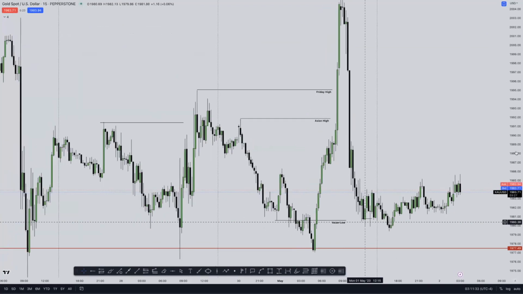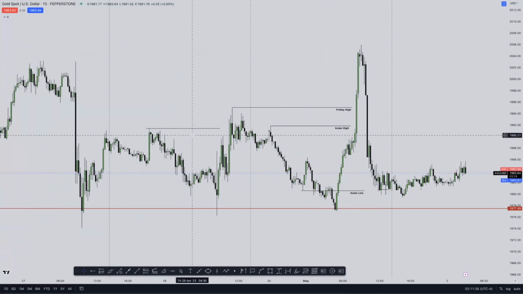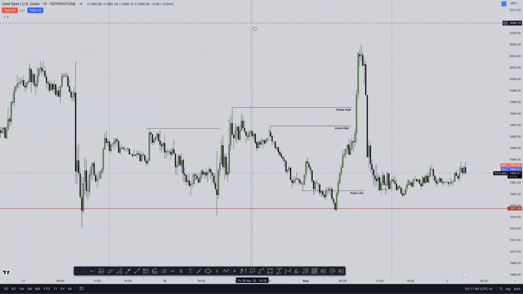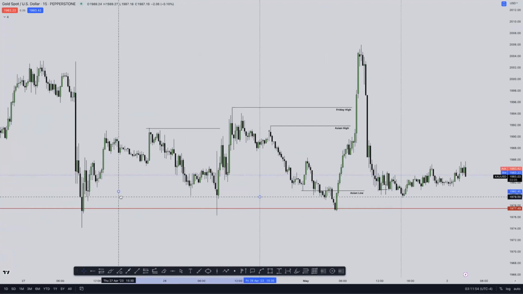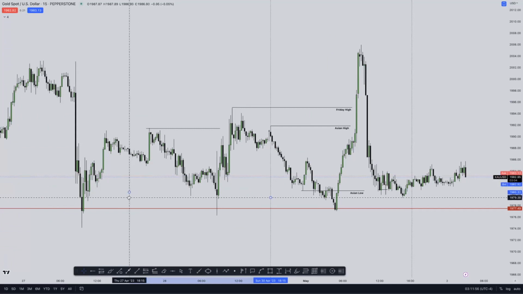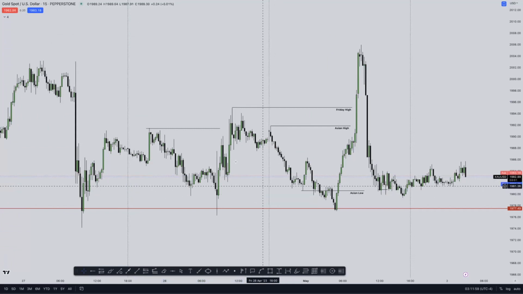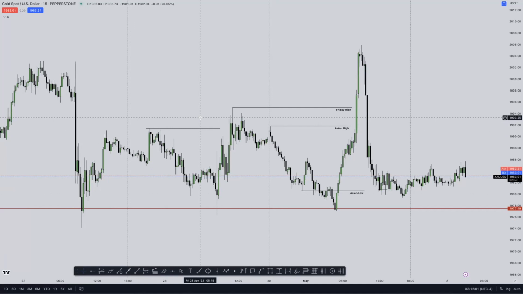Alrighty. Okay. Now, the market maker models, you are focusing on the higher time frames, right? Forget the lower time frames, man. You're going to get chopped up left, right, and center. Okay, all of this price action that you see right here, looking at price from 6 p.m. to 6 p.m. because that is a daily open, right?